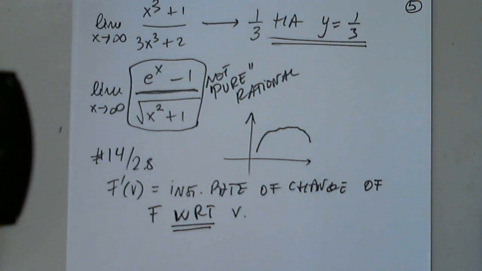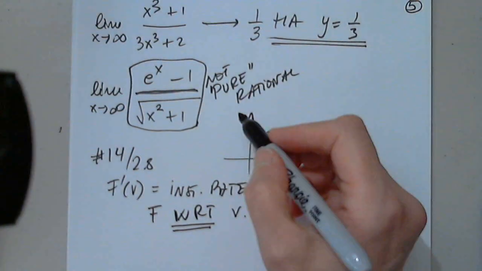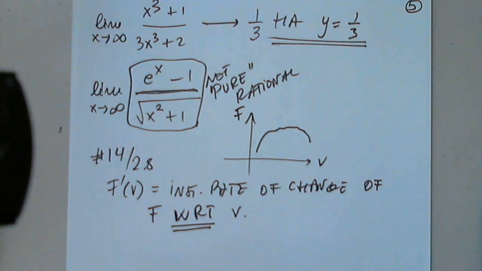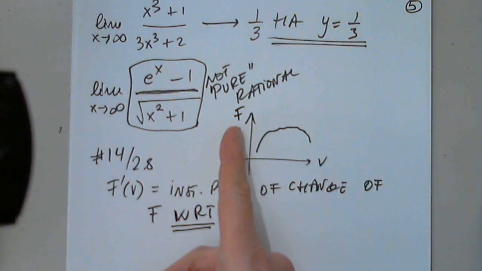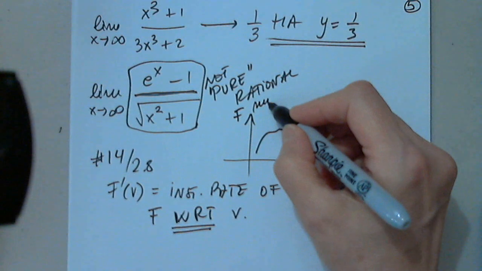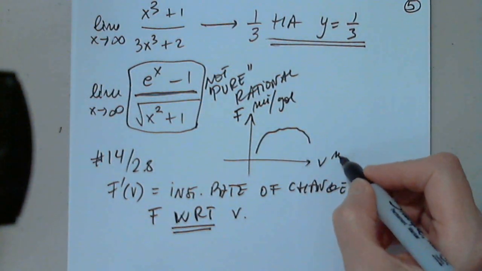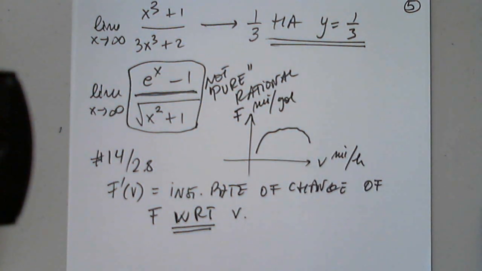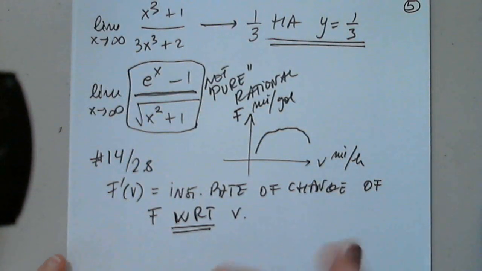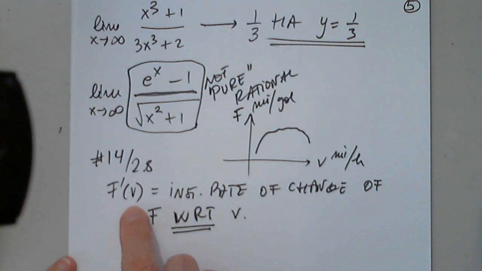That's it. So here's v, here's f and here's v. Miles per gallon, miles per hour. So it represents the instantaneous rate of change of function f with respect to the independent variable v.